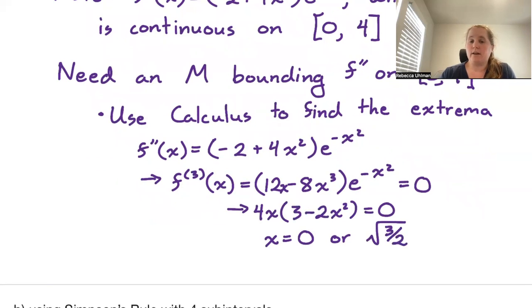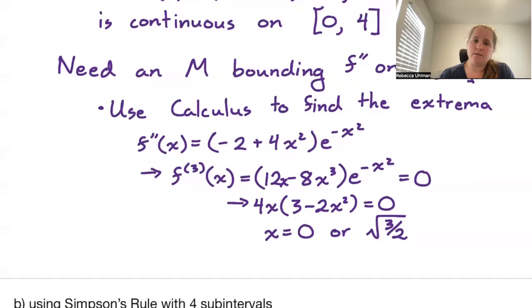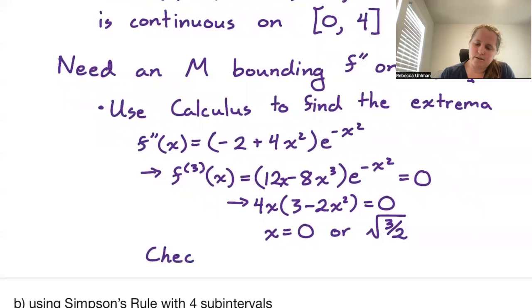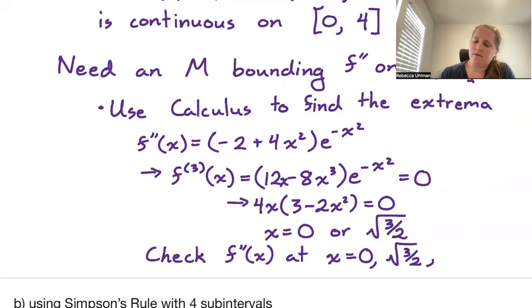And then we'll check at our critical points as well as boundaries. So let's check the value at x equals 0, the square root of 3/2, and then our last option is the second boundary, which was 4.